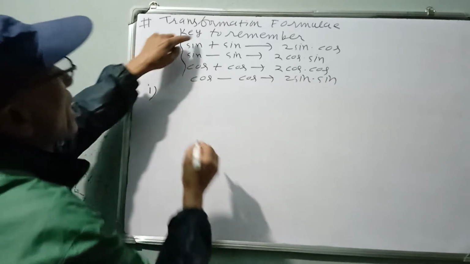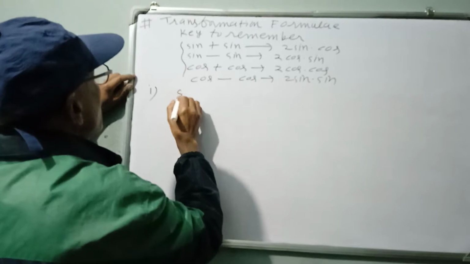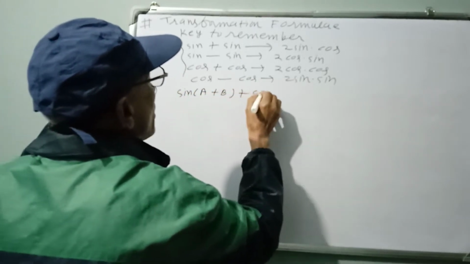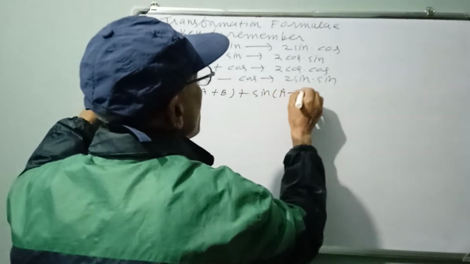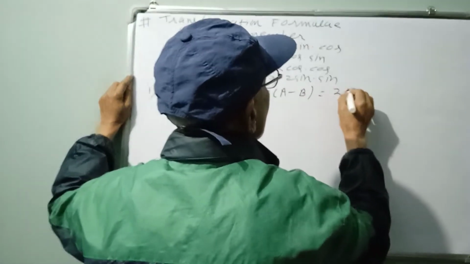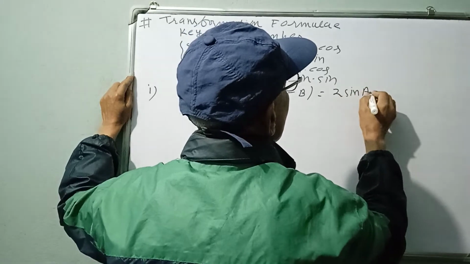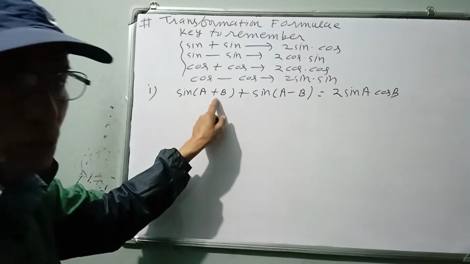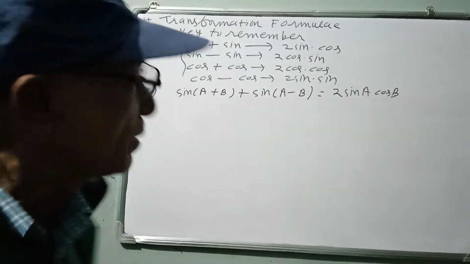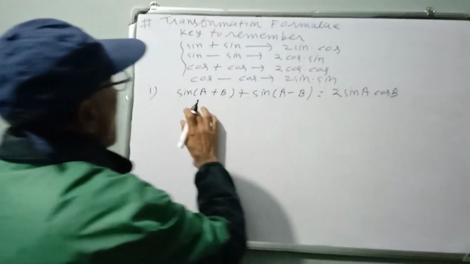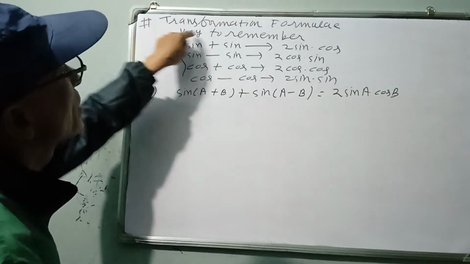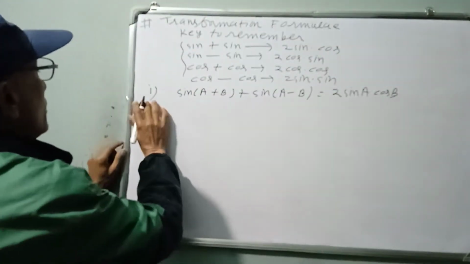Formula number 1, sine plus sine 2 sine cos means sine(A plus B) plus sine(A minus B) equals 2 sine A cos B. If there is compound angle A plus B or A minus B, the compound angle will be sine(A plus B) plus sine(A minus B) equals 2 sine A cos B. That means sine plus sine is 2 sine cos.